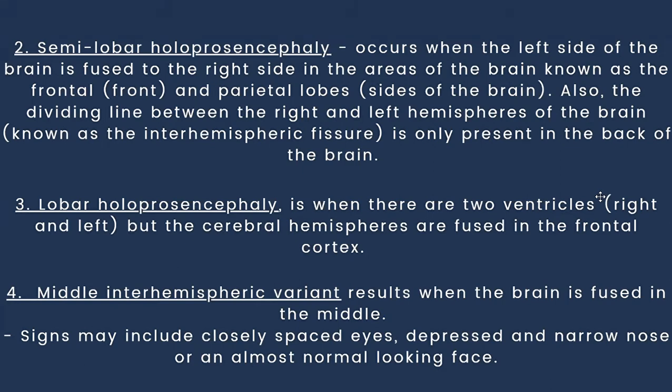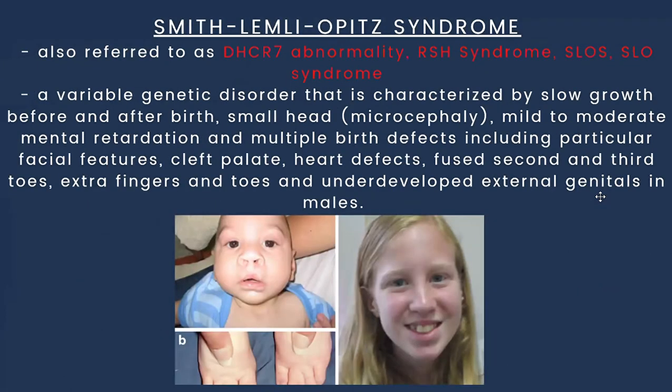And then the fourth one is the middle interhemispheric variant, which results when the brain is fused in the middle. Signs may include closely spaced eyes, a depressed and narrow nose, or an almost normal looking face. So basically, it is slightly hard to distinguish this kind. Next slide.